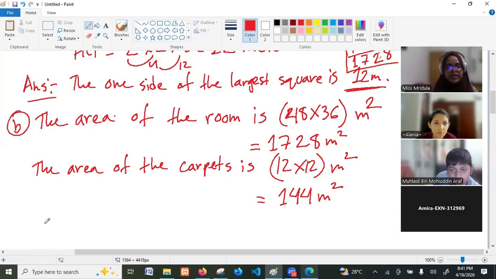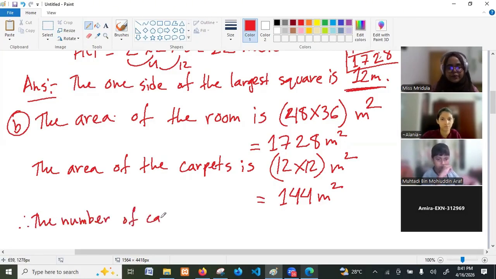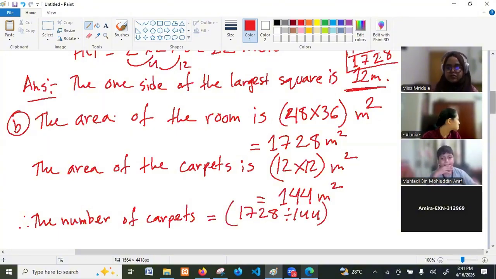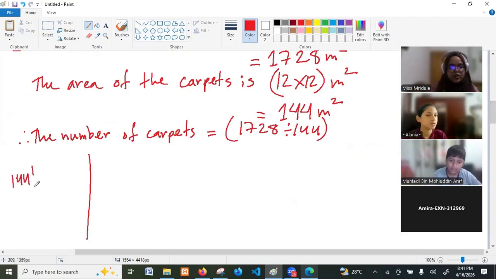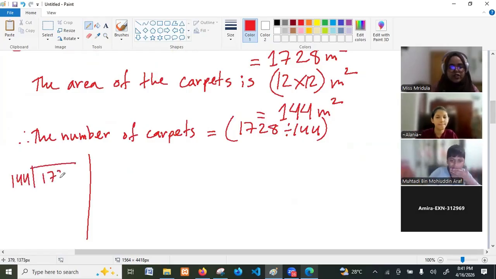Okay, so that will be the number of carpets is equal to 1728 divided by 144. So let's do the rough work. 144, 1728.